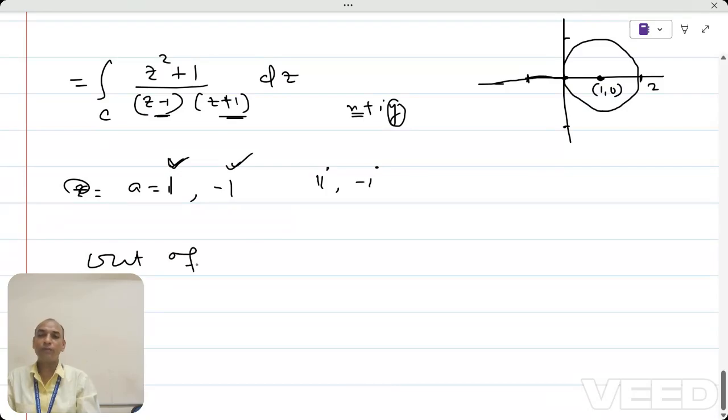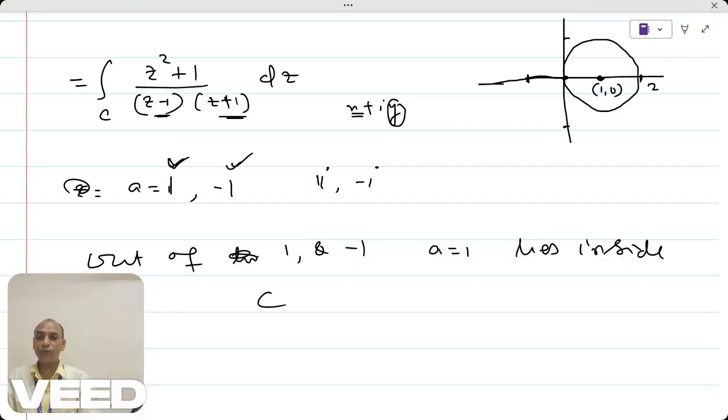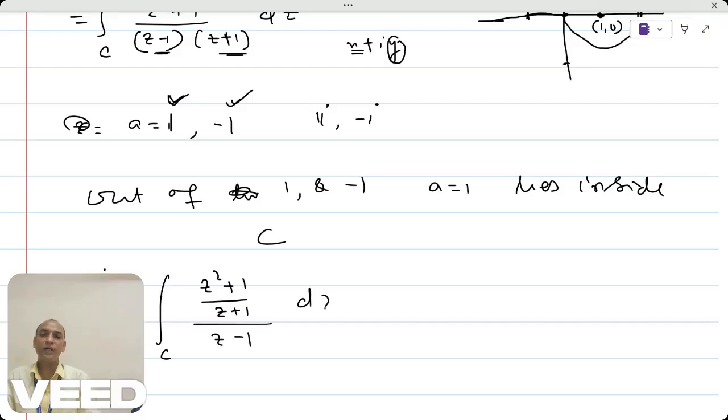Out of 1 and minus 1, a equal to 1 lies inside C. Therefore, integration over C of (z square plus 1) divided by (z plus 1), which I will take above, and the remaining thing I will make (z minus 1) dz.